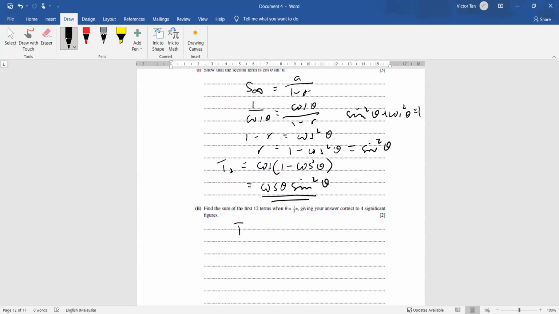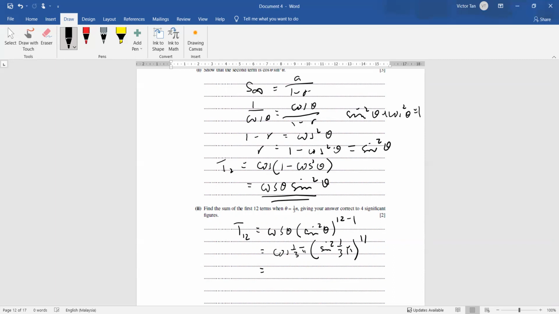So T12 is cos theta times sine square theta to the power of 12 minus 1. This will be cos 1 over 3 pi times sine square 1 over 3 pi to the power of 11.